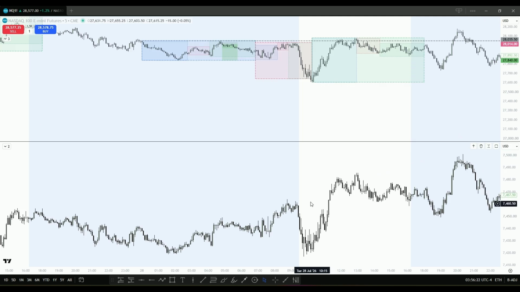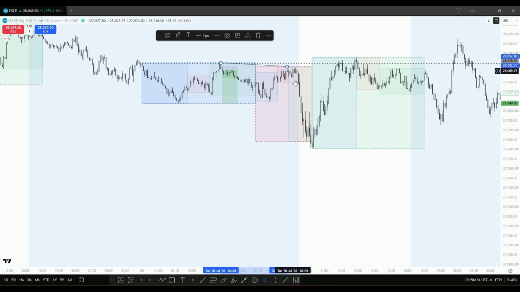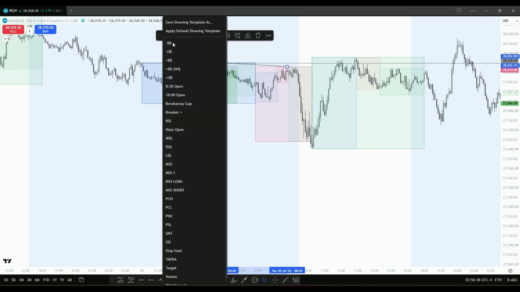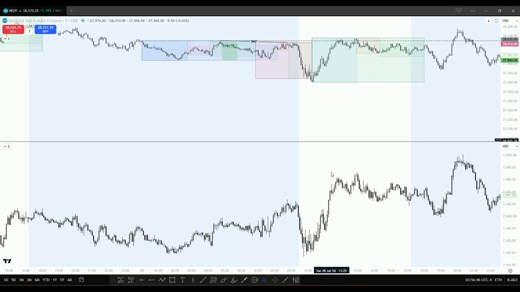What do we have? We have on the day before ES in the morning taking, so basically NQ failed to take this during manipulation. See that? And ignore this one, please.